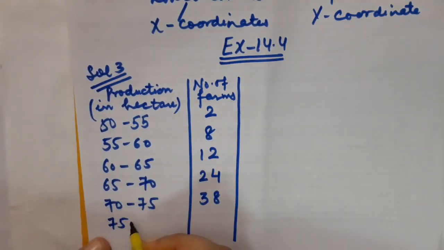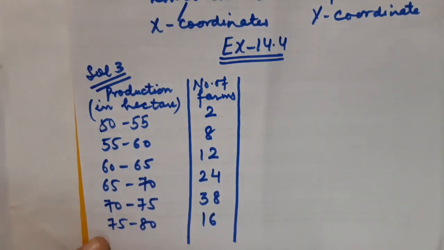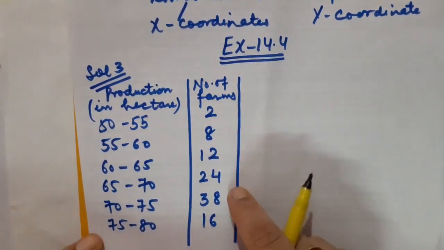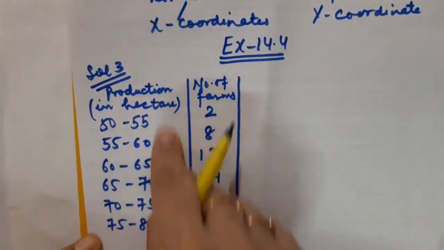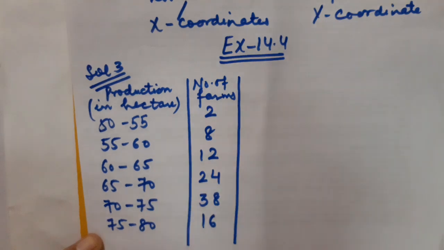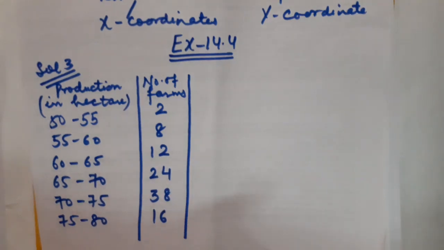And from 75 to 80, there are a total of 16 farms. Correct? So these are the number of farms where the production in hectare is given in the form of class intervals. So children, what is said in the question? Change the distribution to the more than type and then draw its ogive.